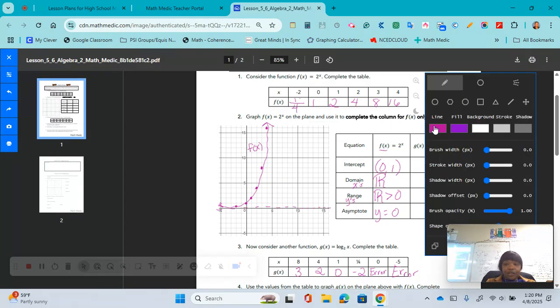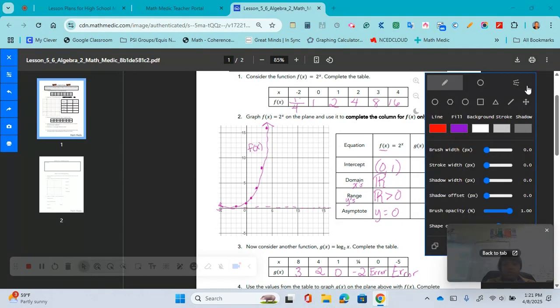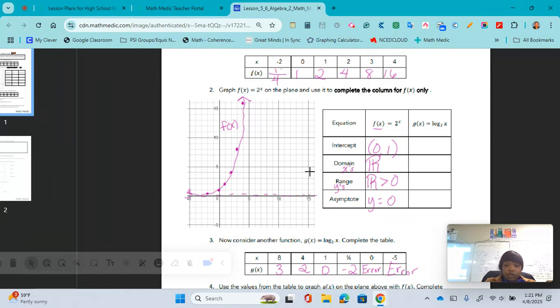I'm going to change the color, and I'm going to plot this function. When our x is 8, our y is 3. When our x is 4, our y is 2.